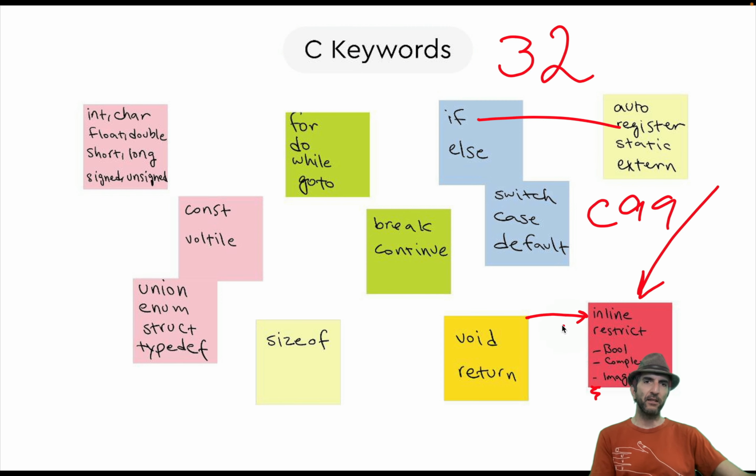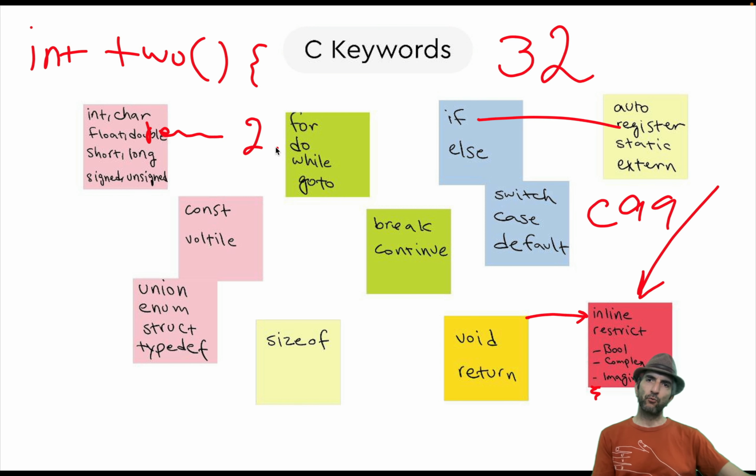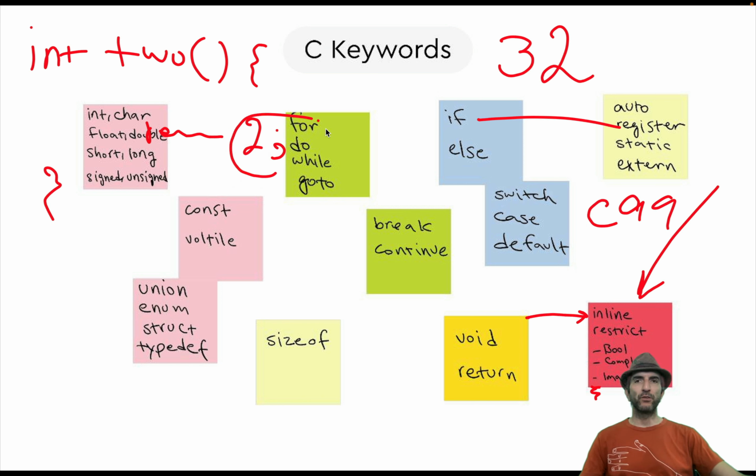For example, you have inline, the same function we talked about, int 2, return 2. If you define it as an inline function, technically the compiler most probably will just replace it with a 2 whenever it is called. You say optimize this aggressively right now.